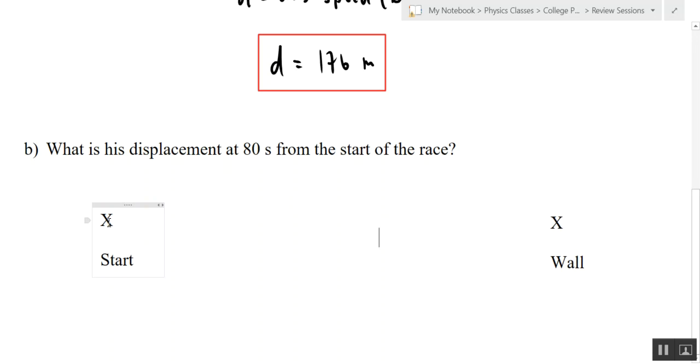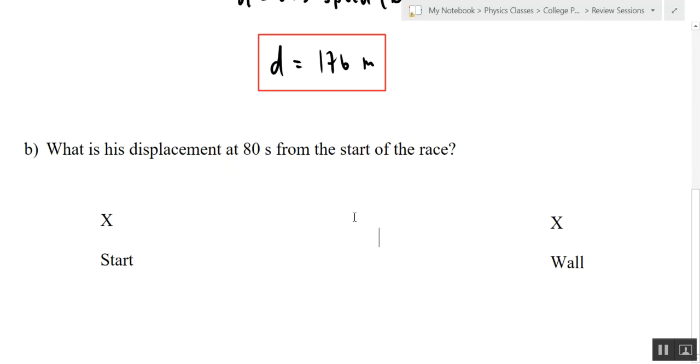What would the displacement be? 0, right? And then he goes 150 meters to get to the wall again. And then he goes past that, because it's 176 meters, right? So how far past the wall does he go? It's 150 meters to get to the wall the second time, correct?